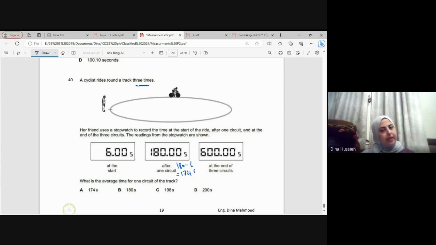Then the actual reading for the 3 circuits is also 600 minus the initial 6, because she didn't stop the watch, she was just recording the time. So 600 minus 6 is 594 seconds.